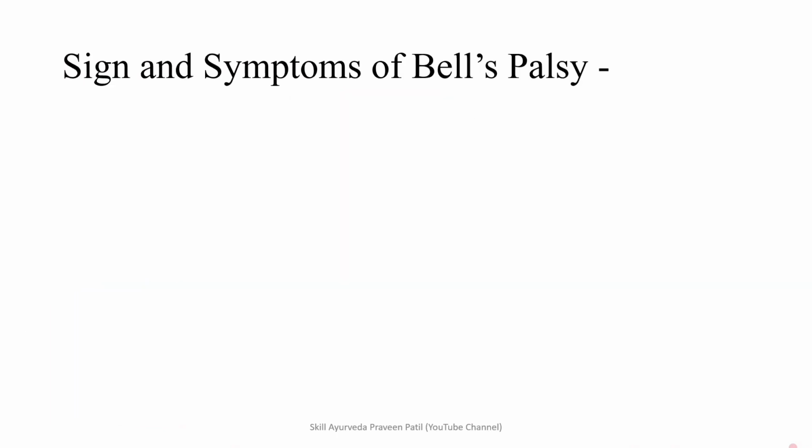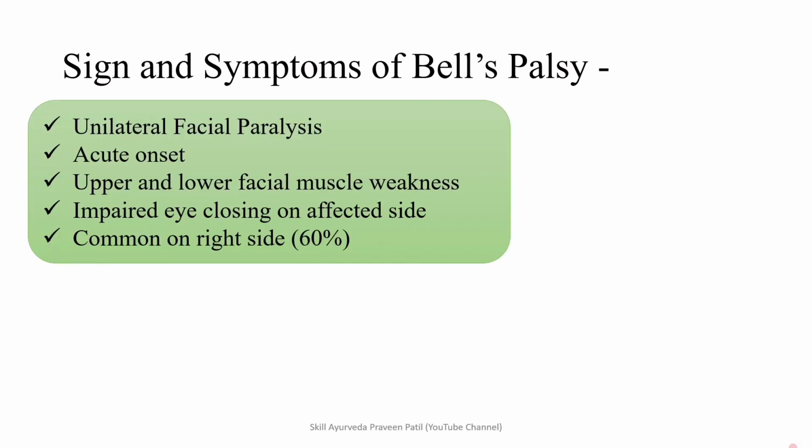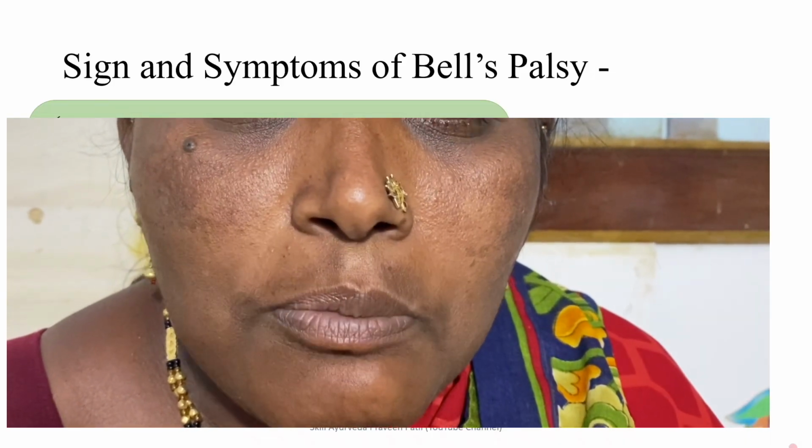Coming to the signs and symptoms of Bell's palsy. As I told, it is a unilateral facial paralysis. Acute onset will be there. Upper and lower facial muscle weakness will be there because the temporal branch supplies the upper part of the face, whereas the mandibular branch supplies the lower part of the face.